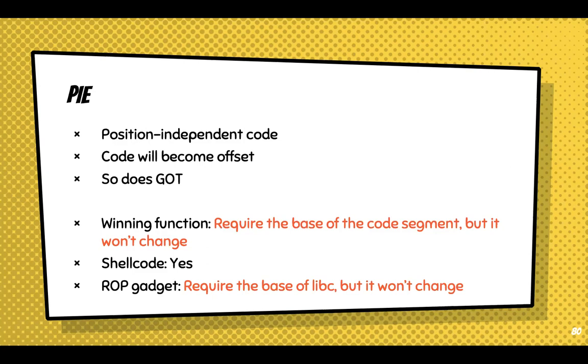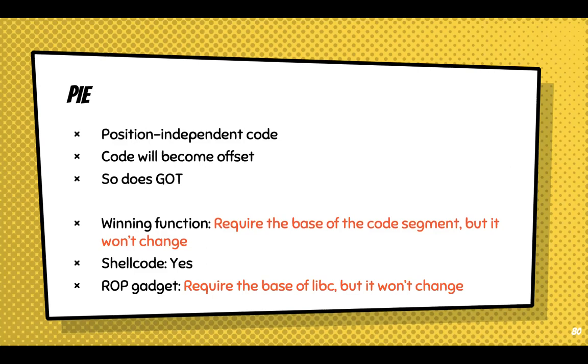When you look at the binary itself, you will only be able to get the offset, but you will not be able to get the base. So in that case, you will also not know where the global offset table is. That's why, if you want to overwrite the global offset table and identify where it is, you need to know the base of the current code segment.